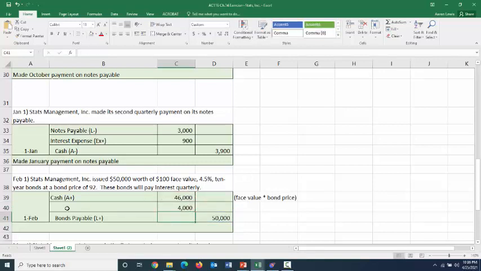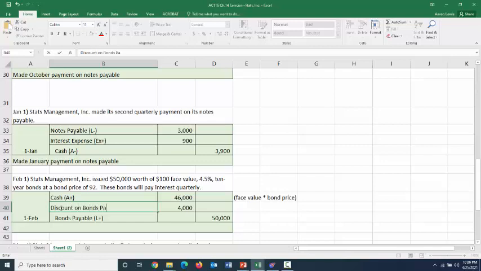And since we need a debit to make our debits equal our credits, we need a debit of $4,000. What does that go to? It goes to our contra liability account, discount on bonds payable, because we are issuing these bonds at a price below their stated face value. We issued bonds at a discount.